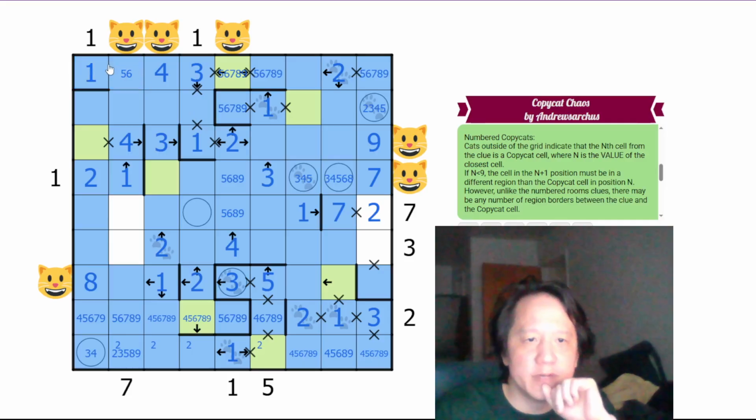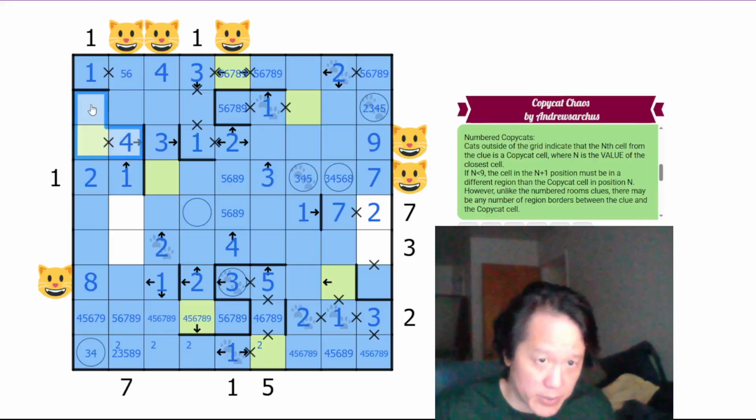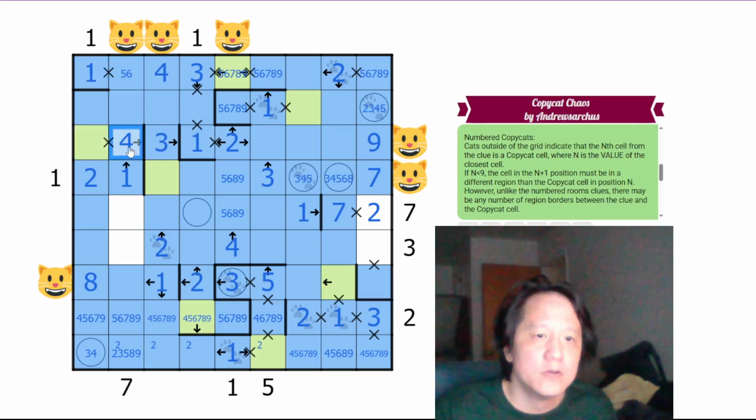So there's no boundary here. This is necessarily part of this cell here, because this cannot be part of this region.